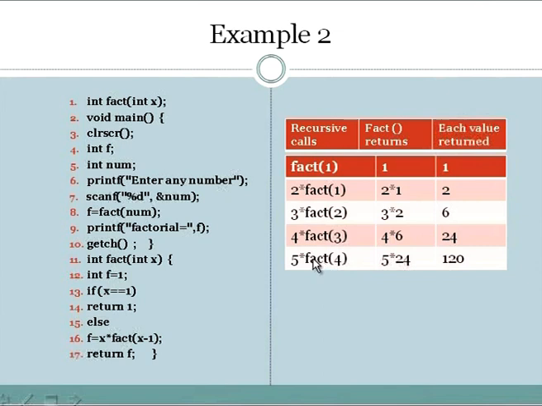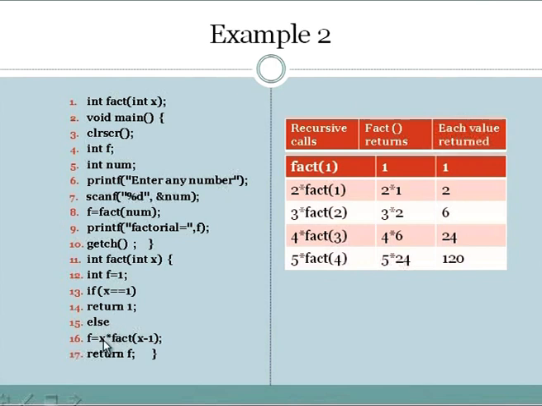So the function will be called again from here with the value 4, and this statement f multiplied by fact 4 will be pushed on the stack. So the fact function is called again with the value 4. Now x equals 1? No, the condition is false. Control will come inside the body of the else block.